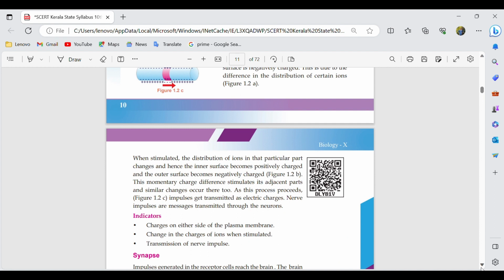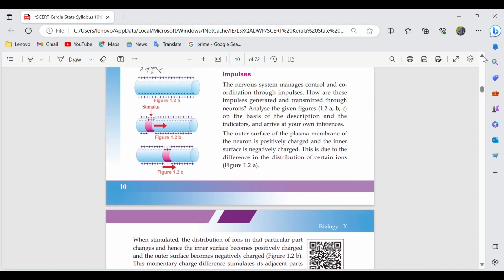This momentary charge difference stimulates its adjacent parts, and similar changes occur there too. The changes get transmitted. The adjacent part also gets stimulated. That's how the stimulation moves.